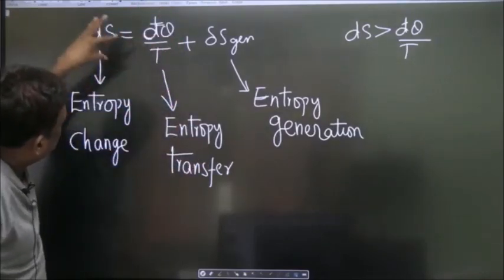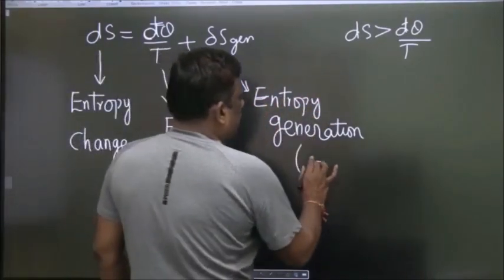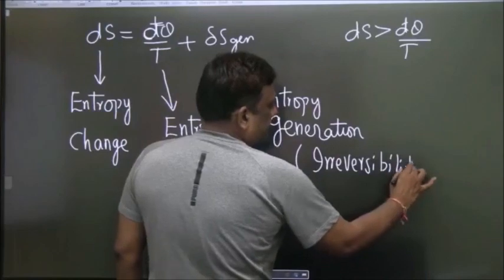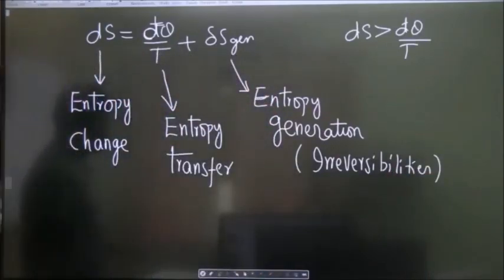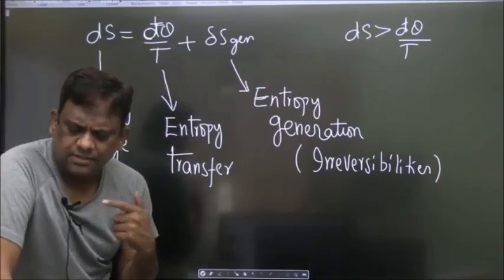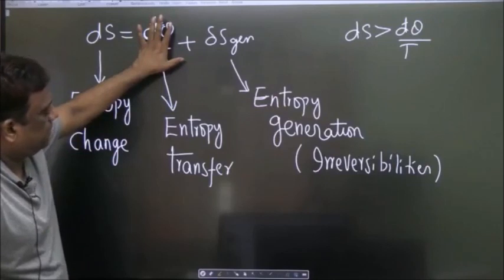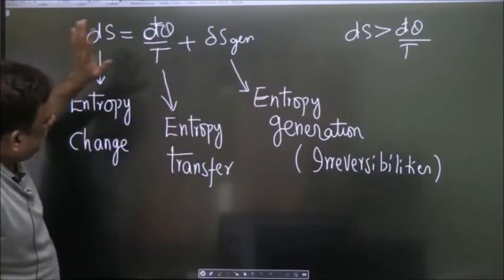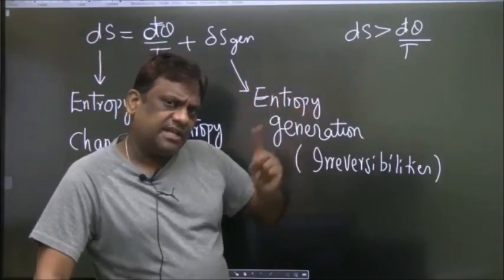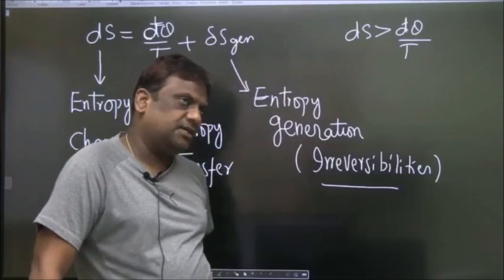So in an adiabatic process, the change in entropy is only due to entropy generation, and that generation will come only due to irreversibilities. Now very good concepts are coming, so please be careful for about 10-15 minutes. In an adiabatic process there is no heat transfer, so entropy transfer is zero. In a reversible process, entropy generation is obviously zero.